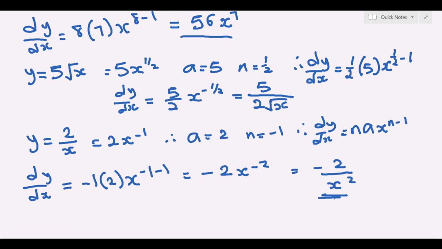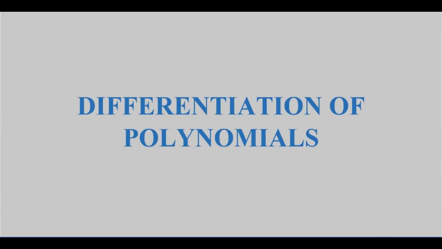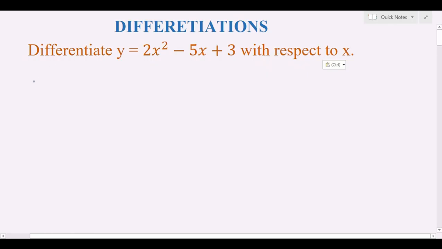Now it is left for us to apply this notation in the differentiation of polynomials. So the next thing we're going to do is differentiation of polynomials. So let us apply our differentiation to each term in this polynomial. We have y is equal to 2x squared minus 5x plus 3. So we'll differentiate 2x squared, we'll differentiate minus 5x, and we'll differentiate 3.